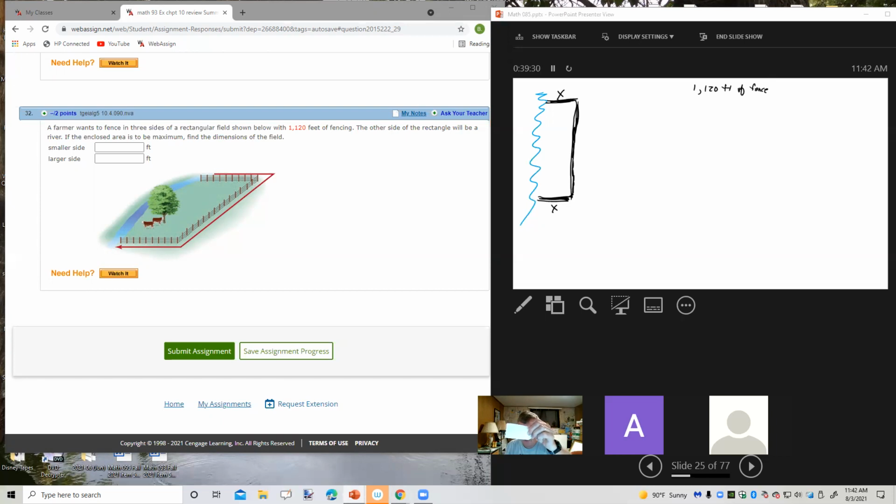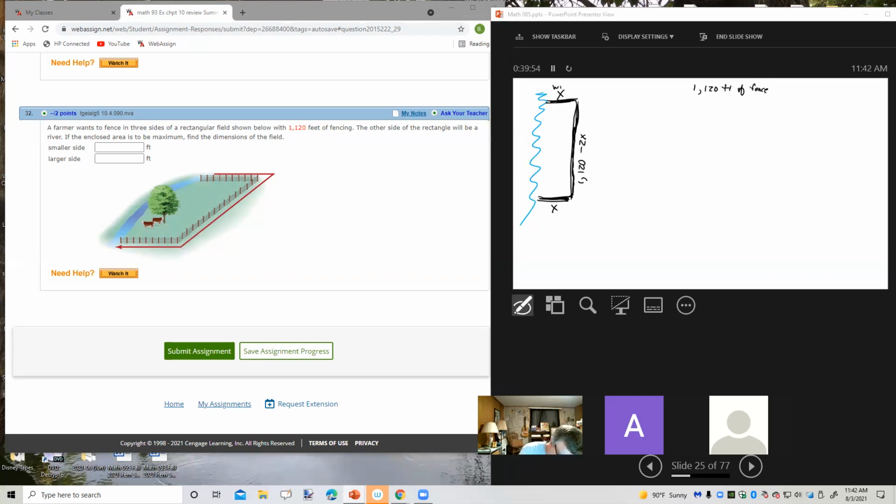Well, I have 1,120 minus 2X. So this side would be 1,120 minus 2X. Because again, the whole thing was 1,120, but I got rid of 2X, so I've got 1,120 minus 2X, okay?